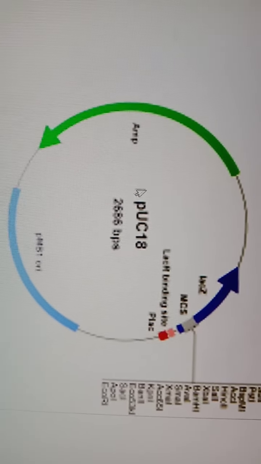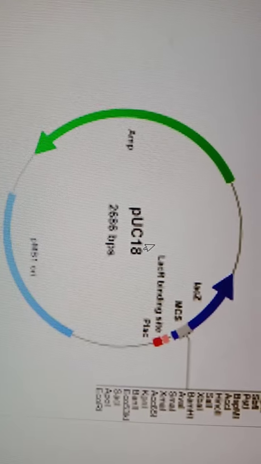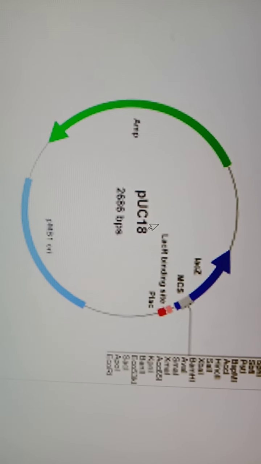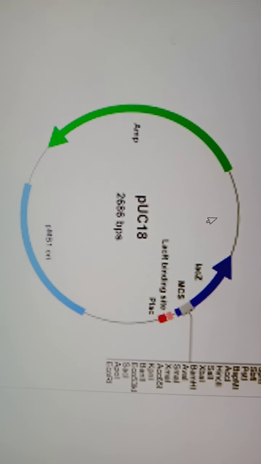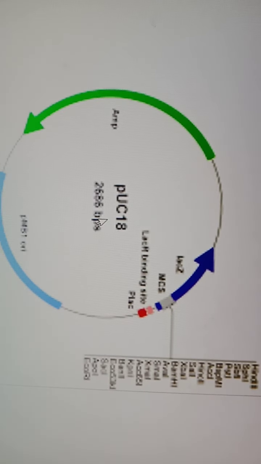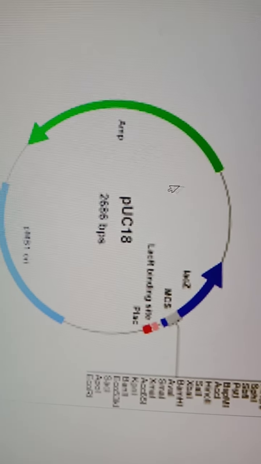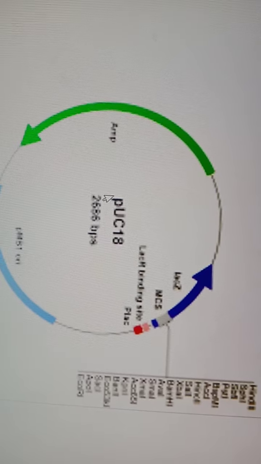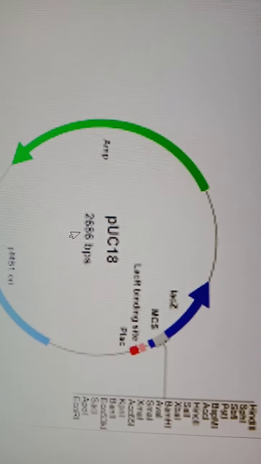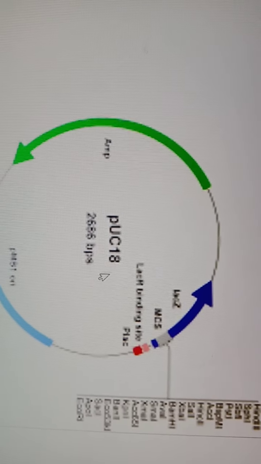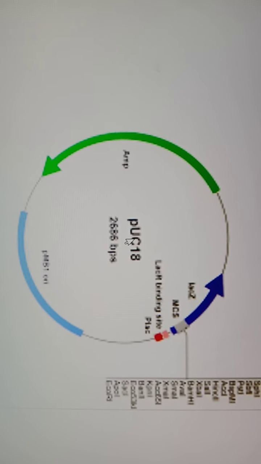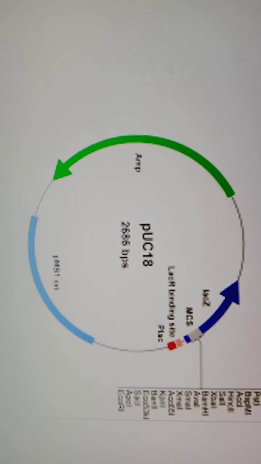This particular plasmid was constructed by researchers from the University of California, so to honor them, it is labeled pUC18. It has a size of 2.6 kilo base pair, and the pUC18 vector has an ampicillin resistance gene.